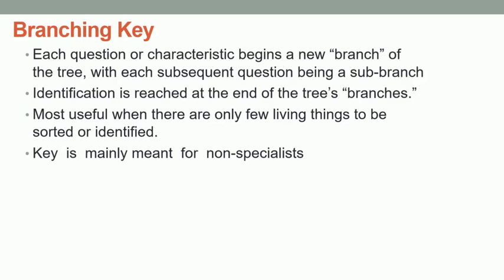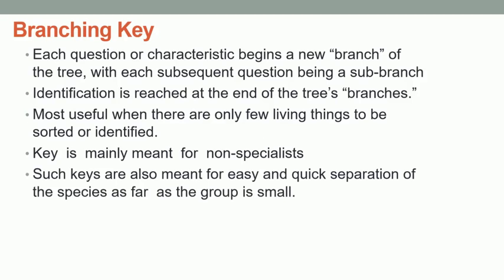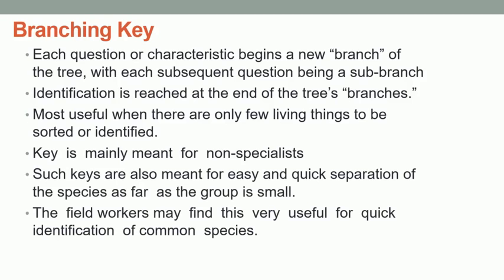And this key is basically made for non-specialists, that means non-taxonomists, and it is meant for small groups. So such keys are very much useful for field workers, and they act as a useful and quick tool for the identification of common species.